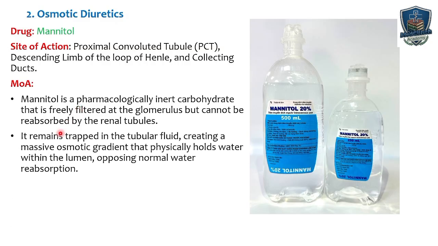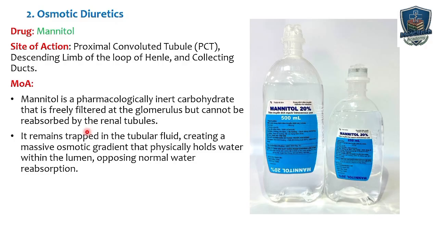And when it remains in the lumen, in the descending limb, remember I told you that in the descending limb, water tends to move from the filtrate to the medulla. Now when you have mannitol, that won't happen, because mannitol is an inert carbohydrate.